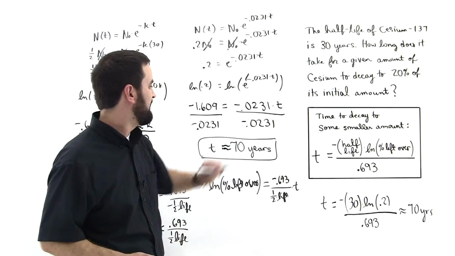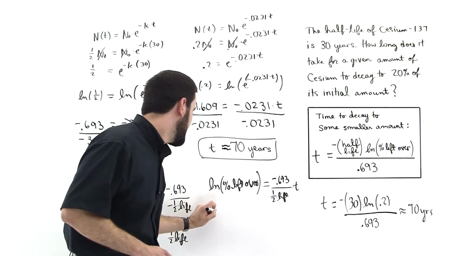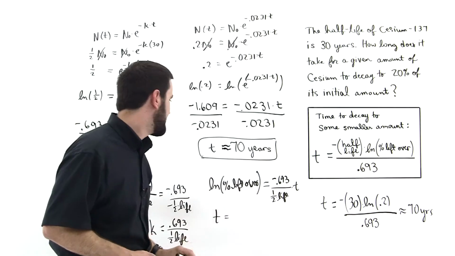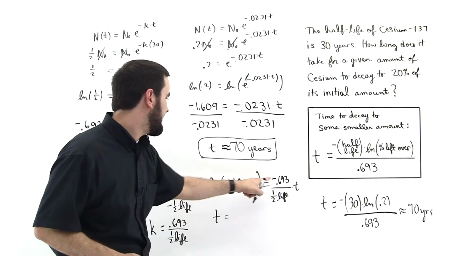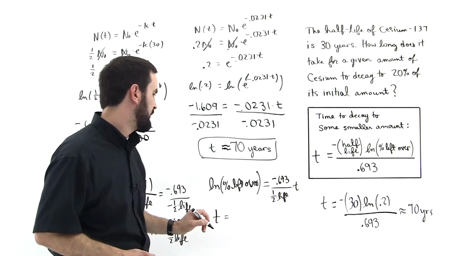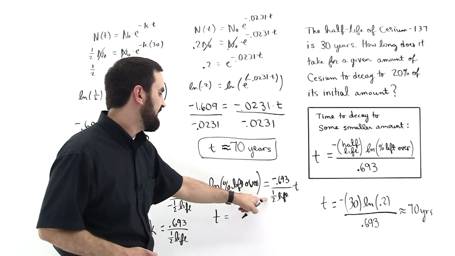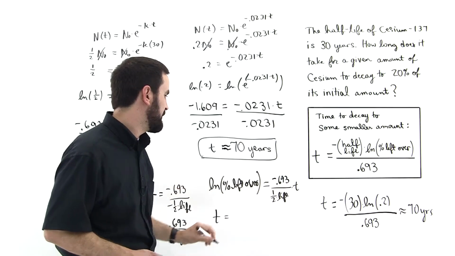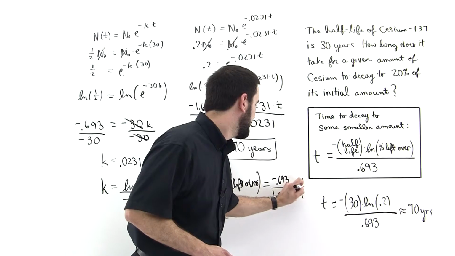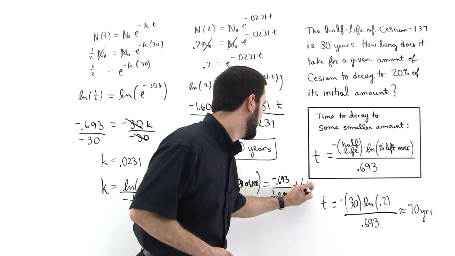See this t here? And then solve for t. The negative is going to have to come over, right? So we're going to multiply times negative of the half-life on both sides.